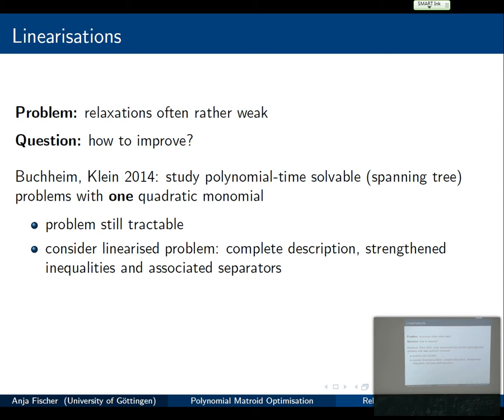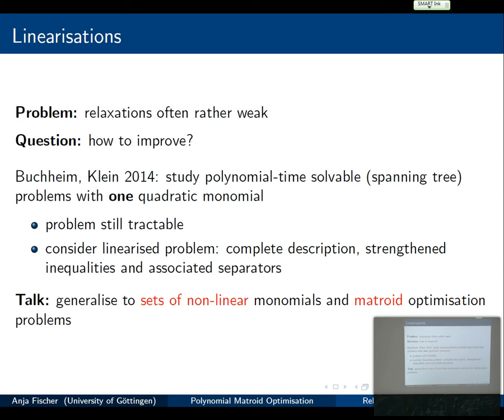And if we get some strengthened inequalities, maybe here some strengthened subtree inequalities, we can also then use this if we have a problem with all quadratic terms, just strengthening for each of these single quadratic monomials. So that's the aim. We want to consider such problems, but in this talk we want to generalize the results of Buchheim and Klein. We now go to Matroid optimization problems and to sets of nonlinear monomials, and not just one quadratic.